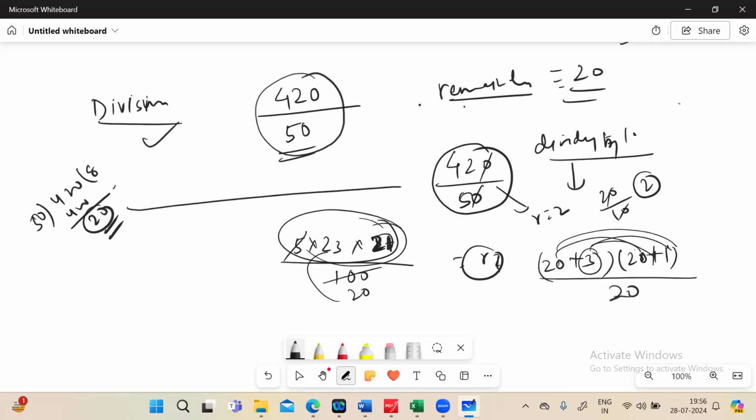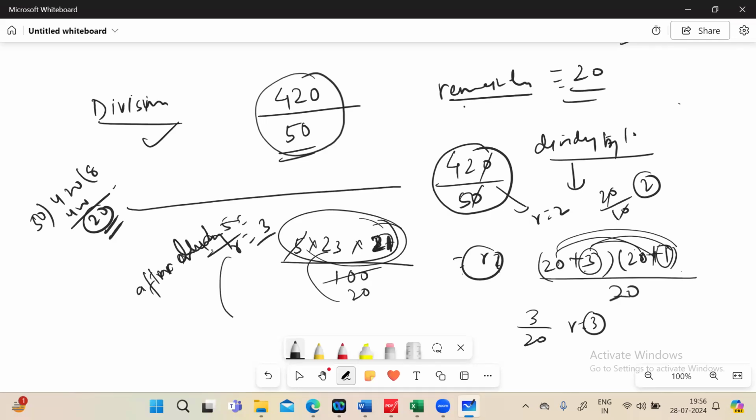The only term free from 20 is 3 into 1, so 3 by 20, the remainder is 3. After dividing by 5, the remainder is 3.